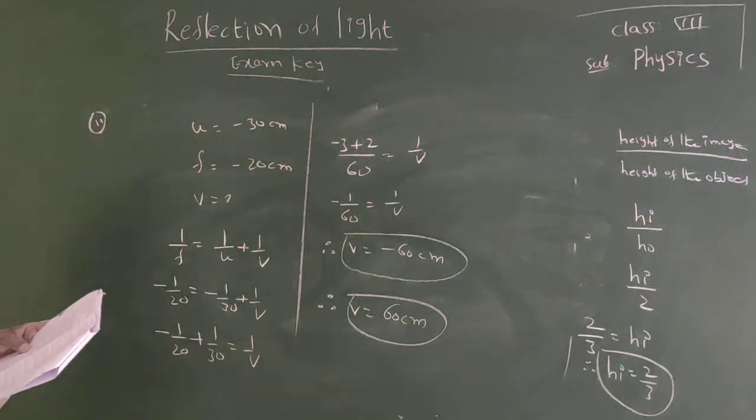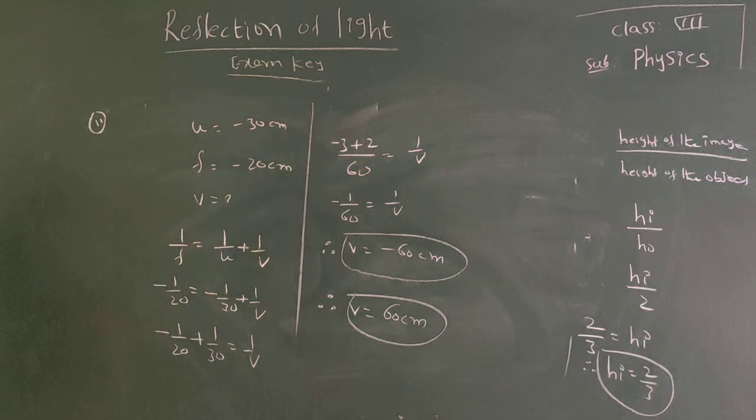Next one. An object is placed at a distance of 12 centimeters from a convex mirror. The radius of curvature is equal to 12 centimeters. Then find the position and nature of the image. The given mirror is a convex mirror, so it forms a virtual image.